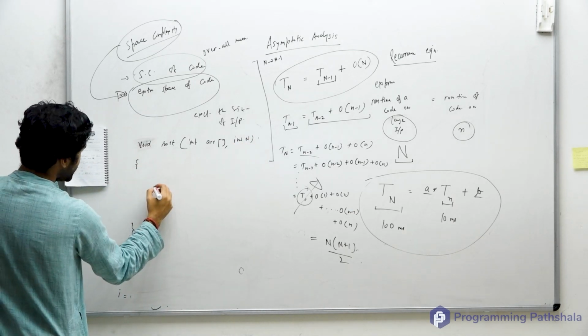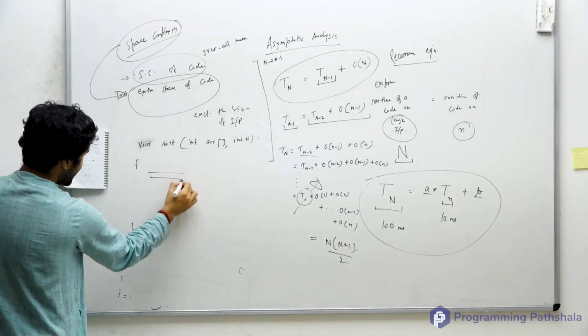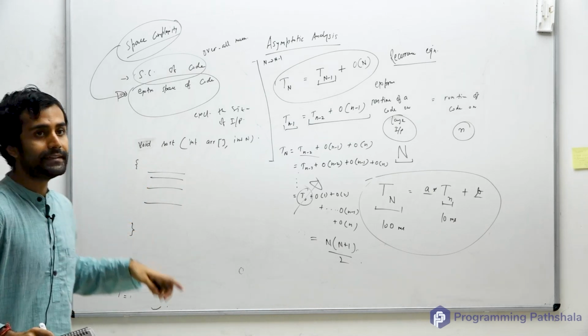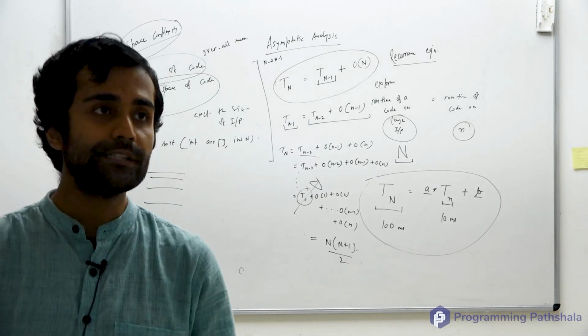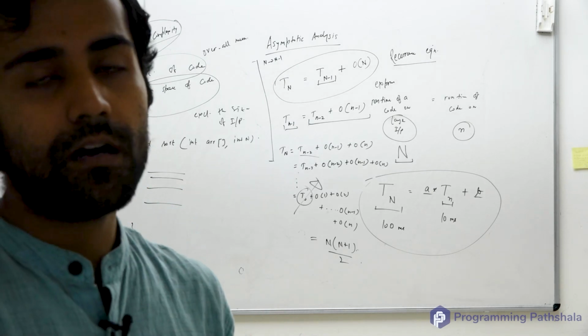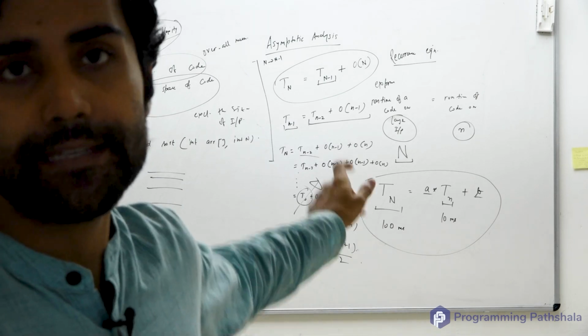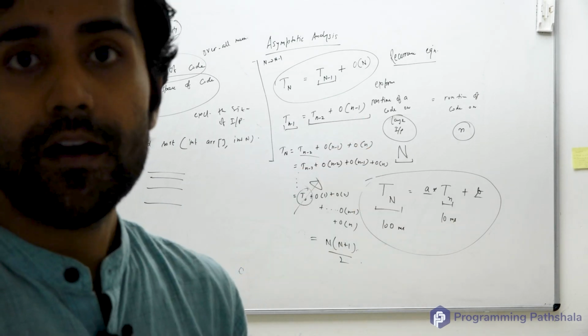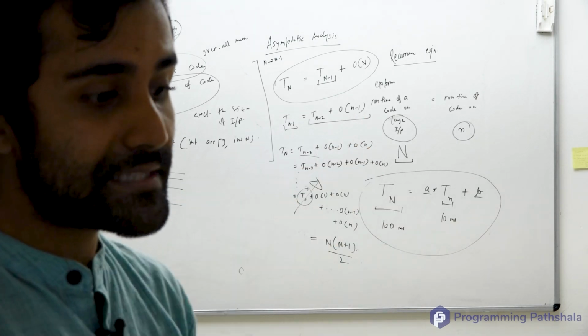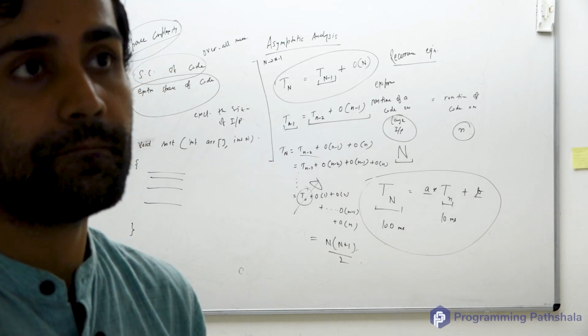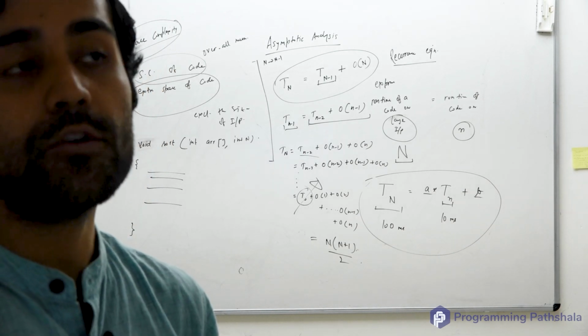In the code that you write, you do not declare any other array of size n, you just use certain int xyz variables and get your job of sorting done. Will you say the extra space over here is order n? No. Why will you not say that?